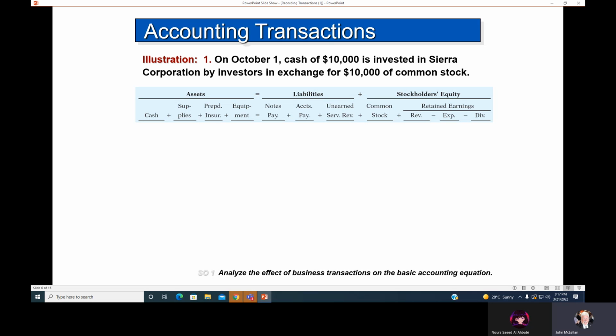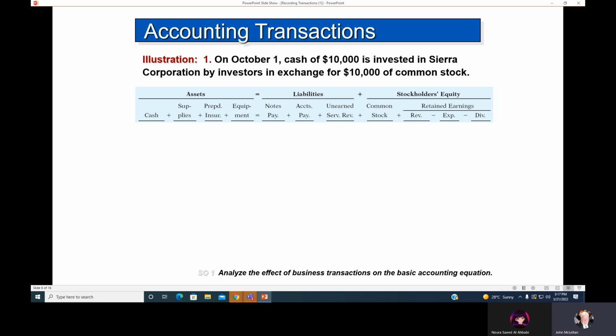Who the company owes: they have notes payable, accounts payable, and unearned service revenue, which will be explained later. In the shareholders' equity section, we have common stock, but instead of retained earnings, we're only going to deal with revenue, expenses, and dividends.